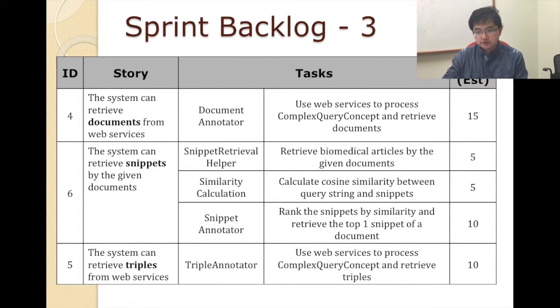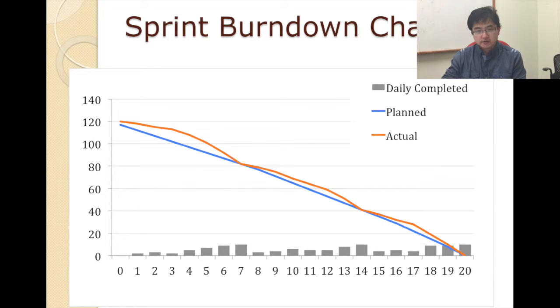And the sprint burn-down chart is shown on the slide. As we can see, the blue line represents the estimate of our job, and the red one is the actual work of our job.